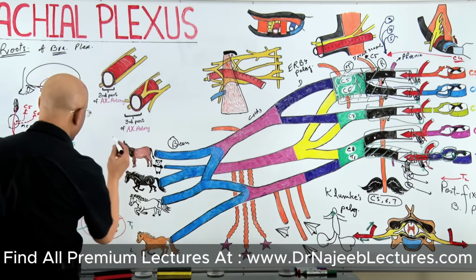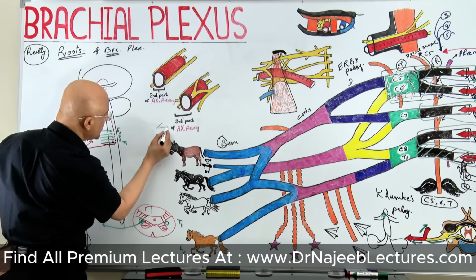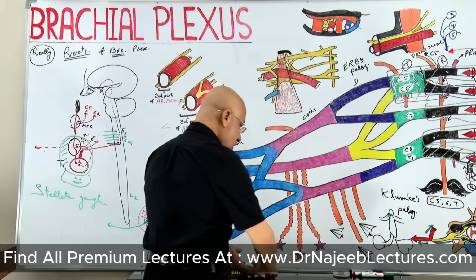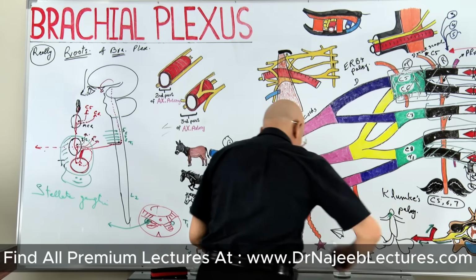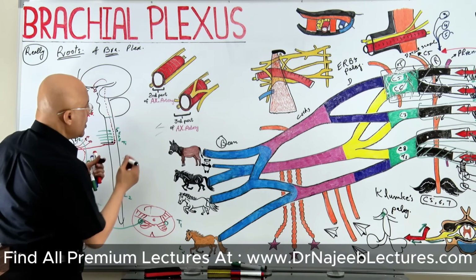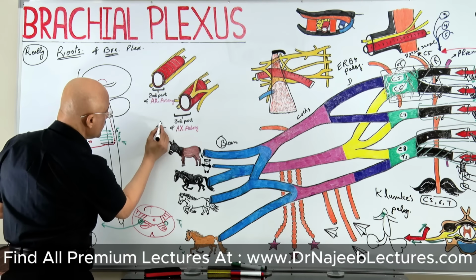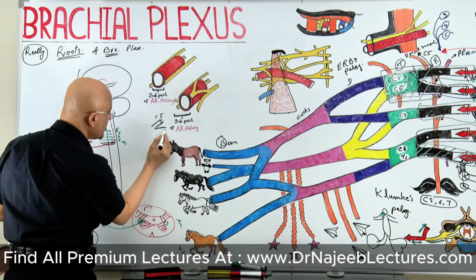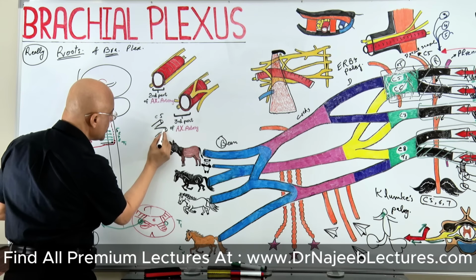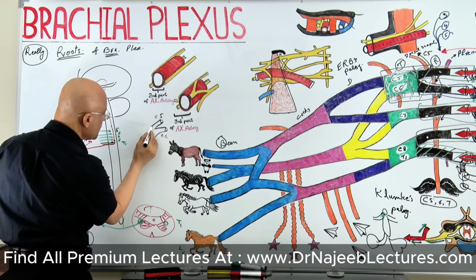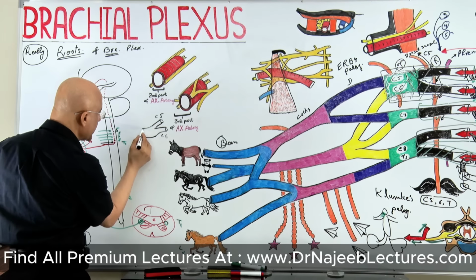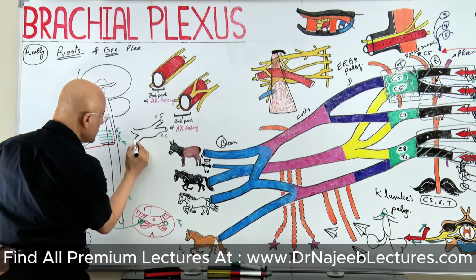So let me explain here. This is C5 root, this is C6 root. Both of them are making what? Upper trunk, and then the upper trunk divides into two divisions.